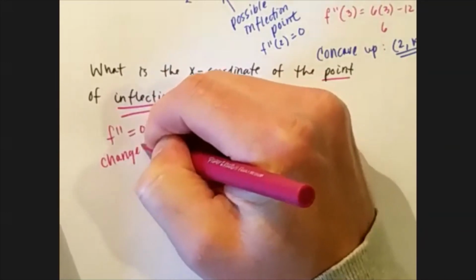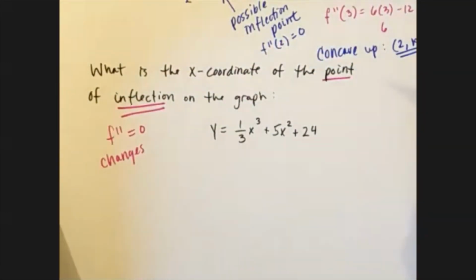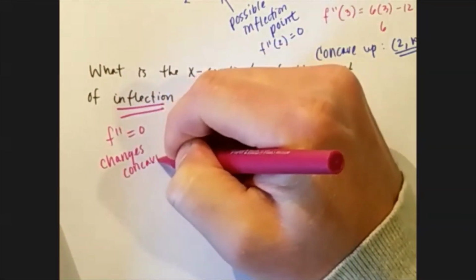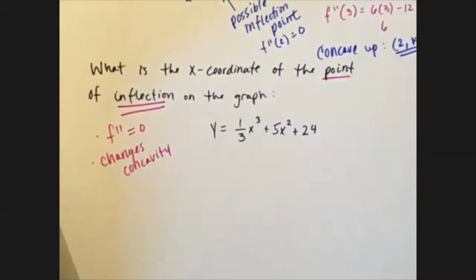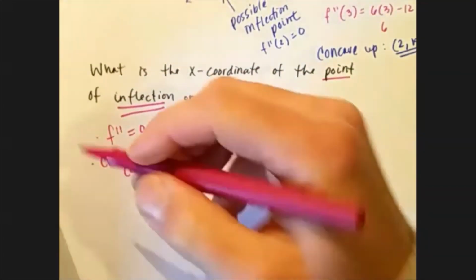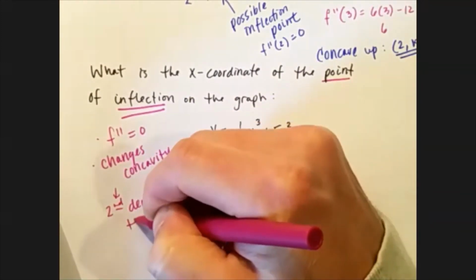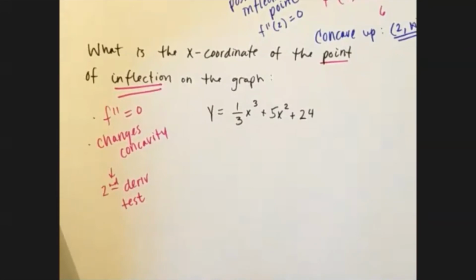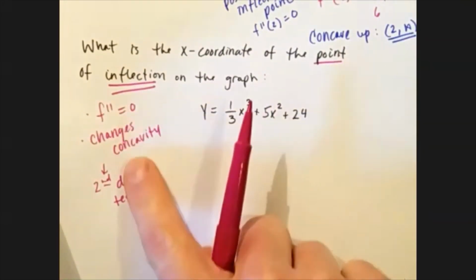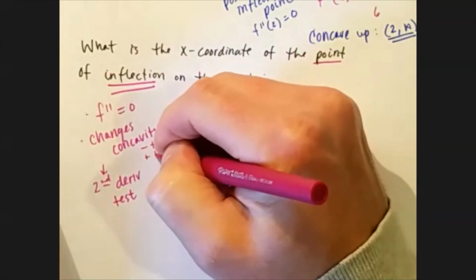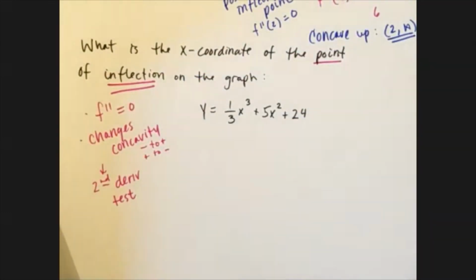Something has to change. What has to change? Concavity. Yes, wonderful. So we're going to still do the second derivative test. We have to not only solve for when this is 0, we have to make sure that concavity changes either from negative to positive or positive to negative, concave down to concave up or concave up to concave down.